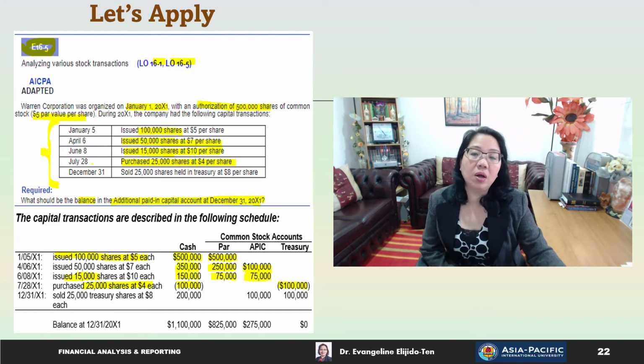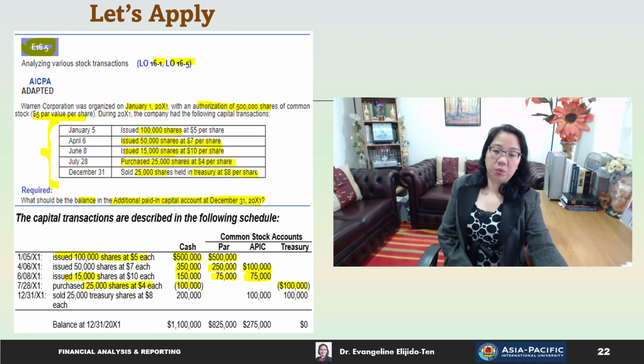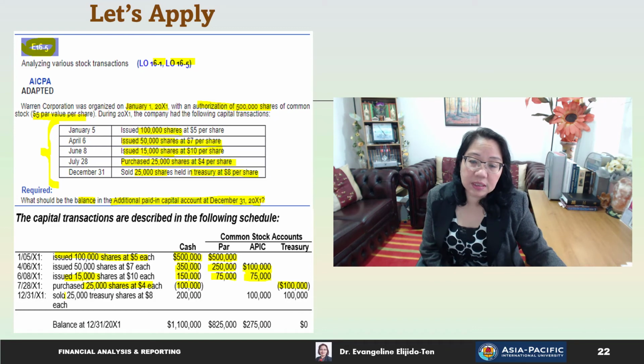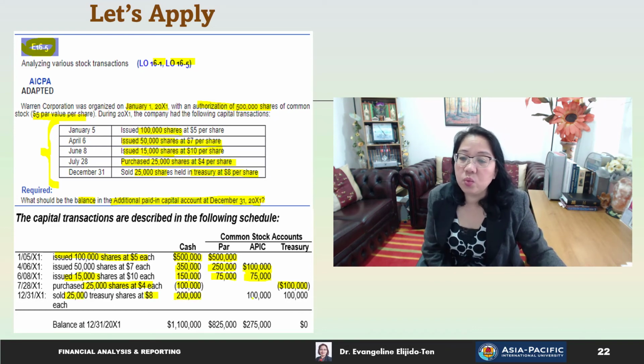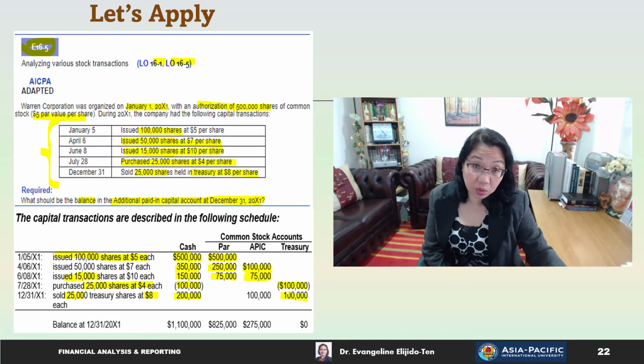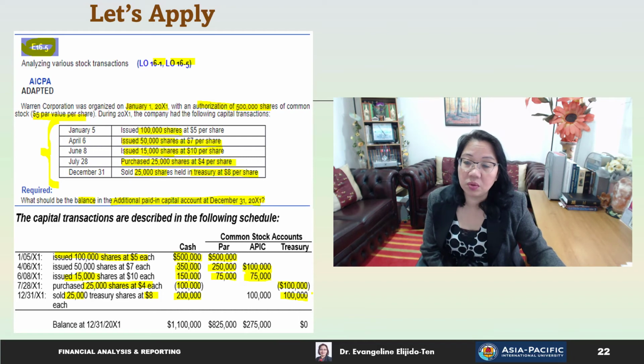And finally, on the 31st of December, we sold 25,000 shares in treasury at $8 per share. 25,000 times 8, 200,000. So we'll be debiting cash and we will credit treasury stock, thereby reducing our treasury stock to zero.